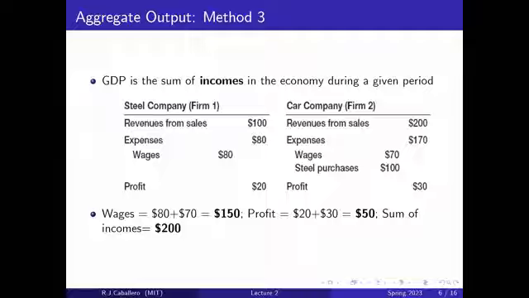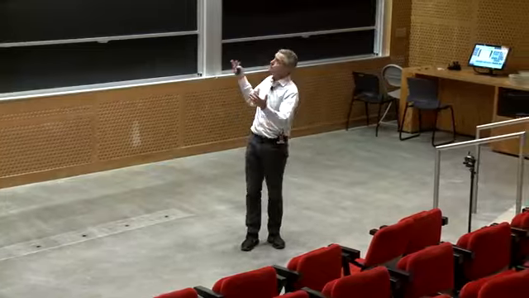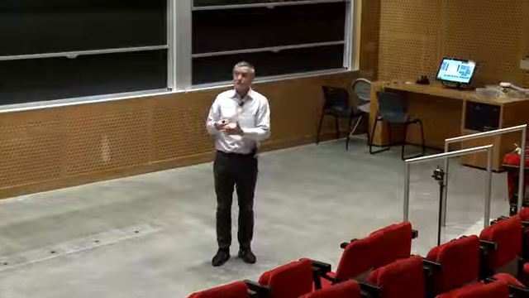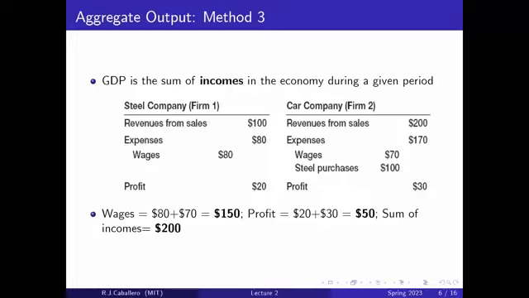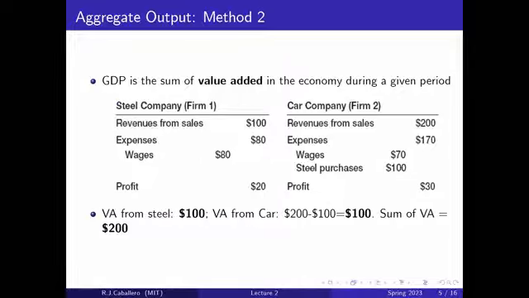And one of the features I showed you of these methods is that they are immune to organizational structure within the economy. So for example, if these two companies were to merge, clearly the sum of incomes would not change. It would still be 200. The value added method would not change either, because if they were to merge, then the whole revenues from sales of the car company would be value added. Everything would be produced in-house, and still the answer would be 200, because this company would disappear, merged inside here.